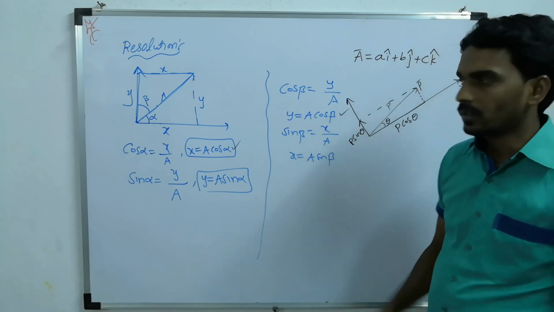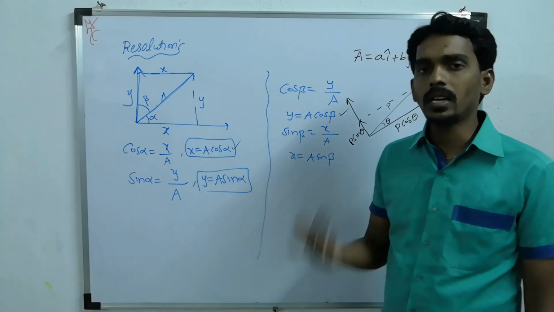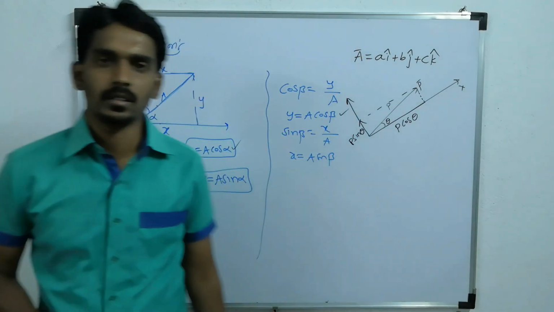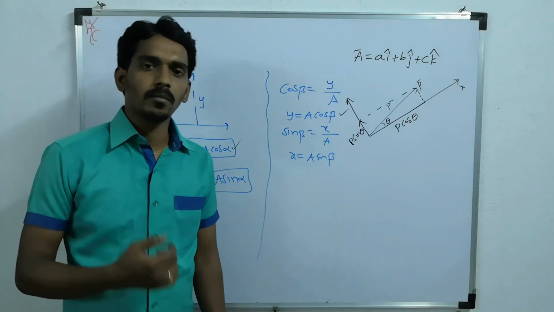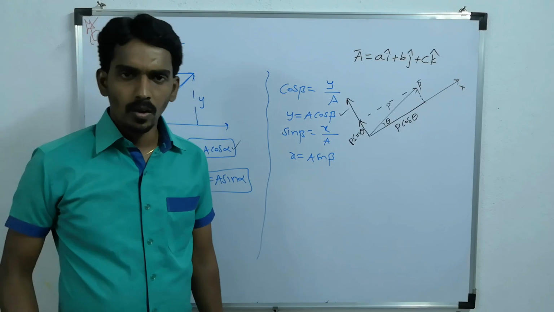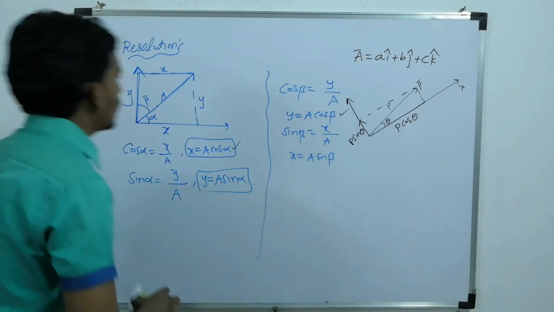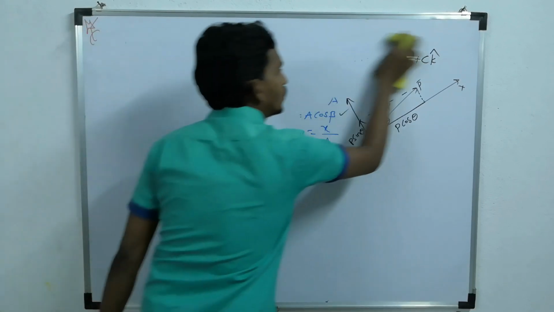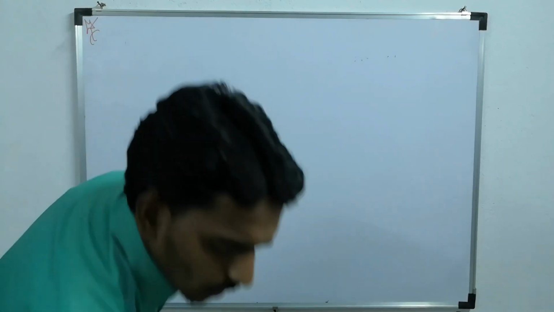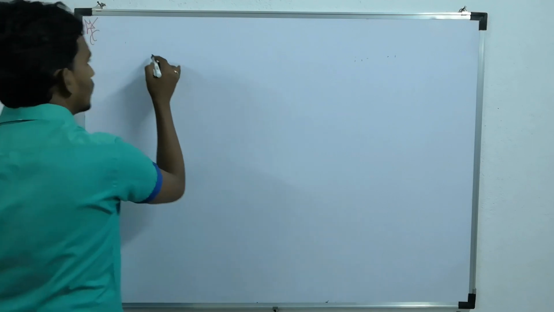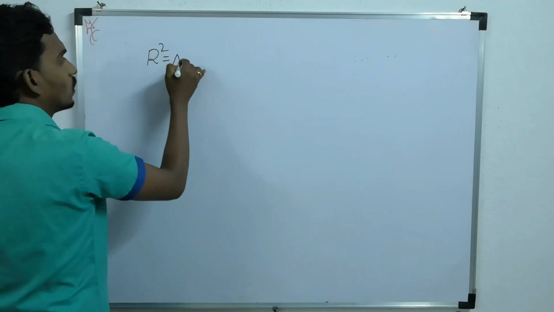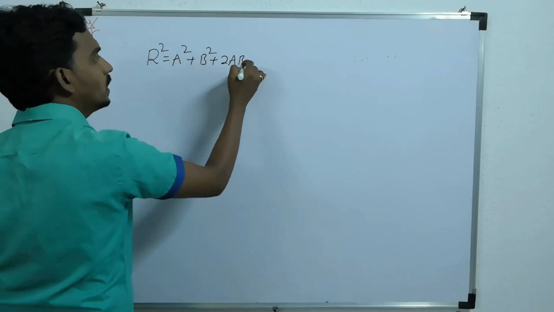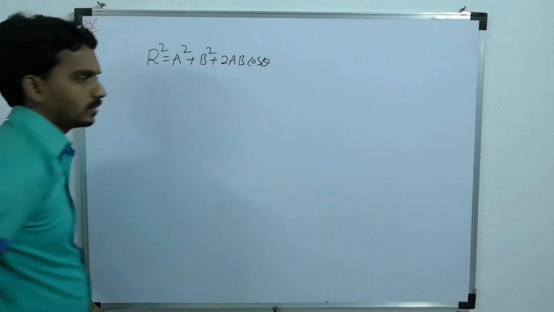Similarly, when you consider the resultant, we have studied the triangular law of vector addition. We have studied the parallelogram law of vector addition, where the resultant of two vectors, what is the formula? R square equals A square plus B square plus 2AB cos theta.